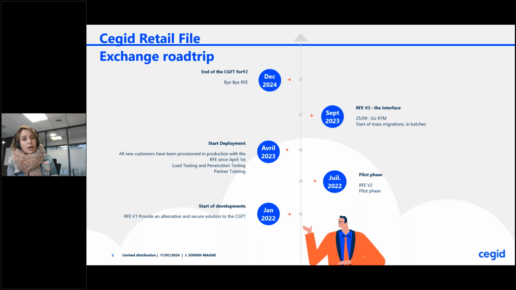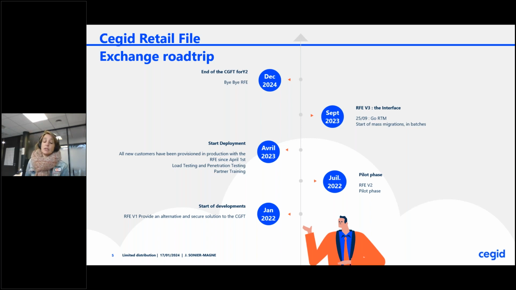After having declared the product RTM, we launched the mass migration. We started at the end of September, and we have increased the number of customers by batch since December. The purpose of this migration is to say bye-bye to CGFT in December 2024.